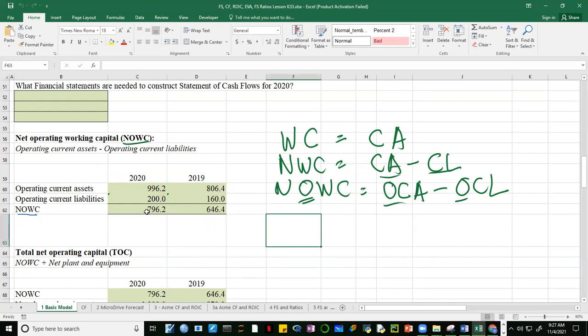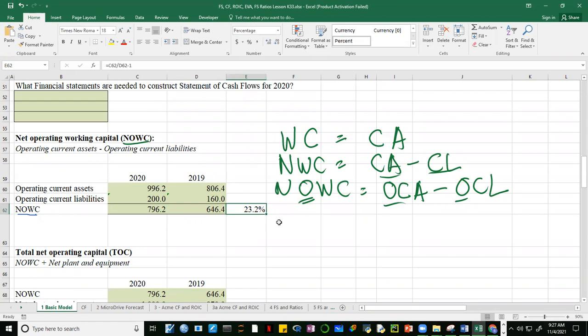We can see here that management has been investing in working capital, from 646 at the end of 2019, it ballooned to 796.2. If we compute the growth rate, that's 2020 divided by 2019 minus 1, so this is 23%.